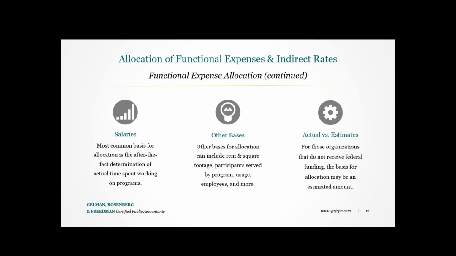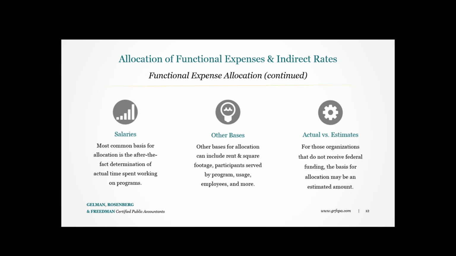And like I said, it's not always a requirement to use timesheets. There can be other methodologies, periodic reporting, estimates, things like that. And really, again, other bases. Timesheets and salaries, while they are the most popular, don't need to be the only way to allocate costs.